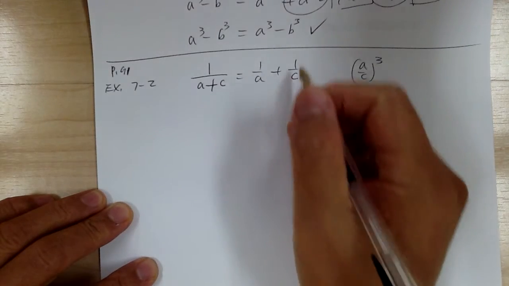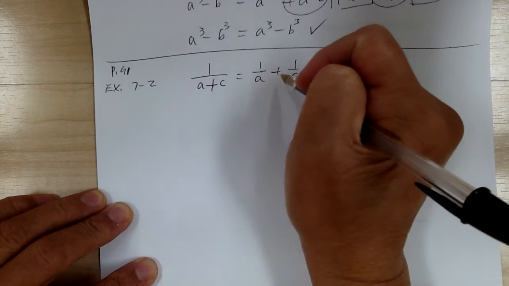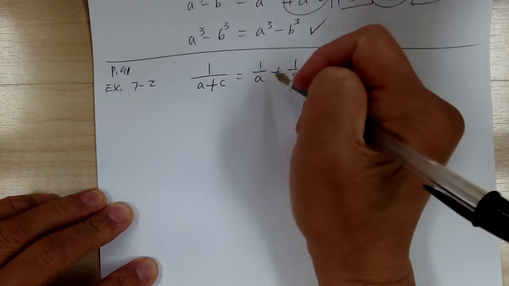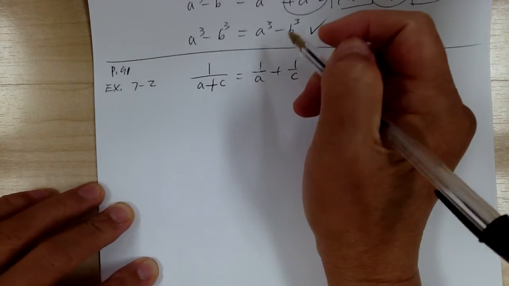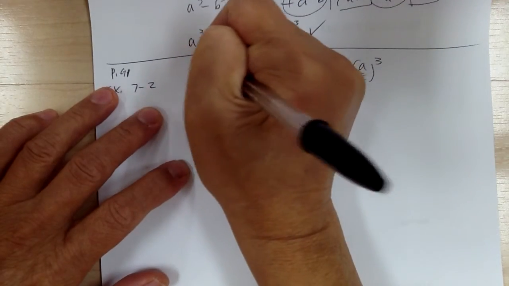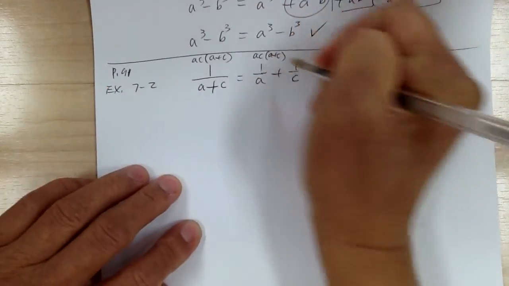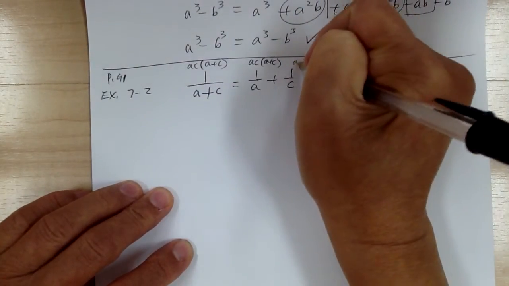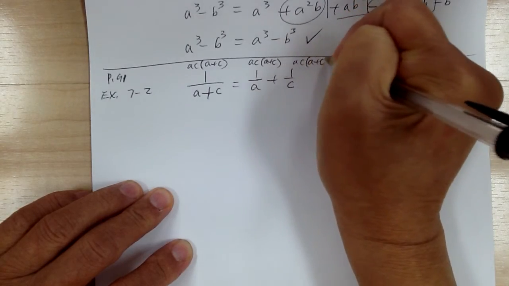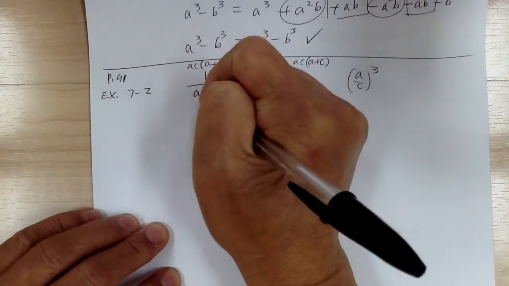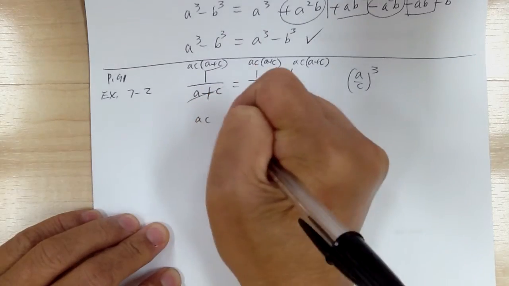So when you have a variable in the denominator, it's kind of hard to work. So go and multiply everything by the common denominator. So multiply by ac(a plus c), and then things get cancelled out.